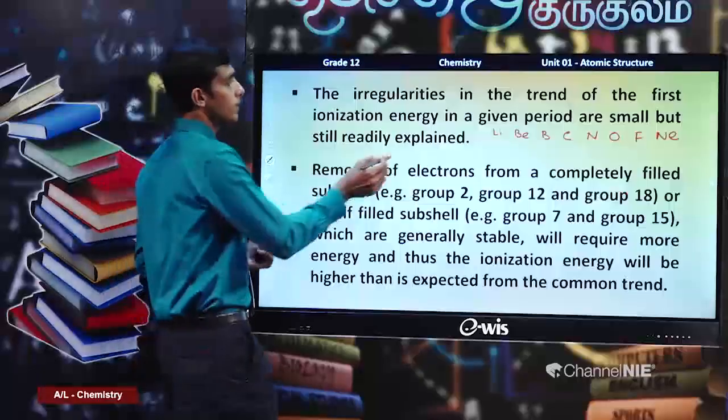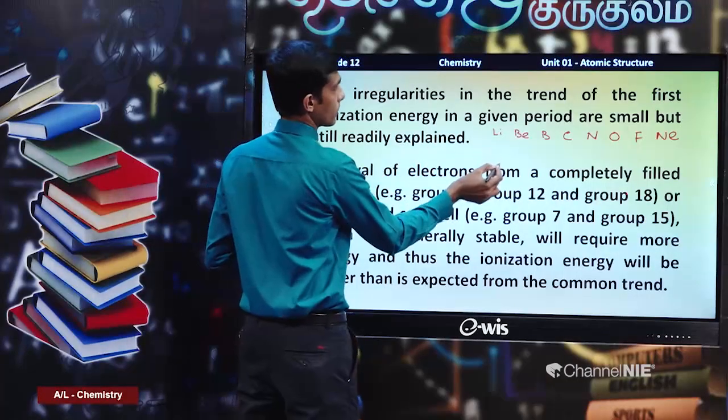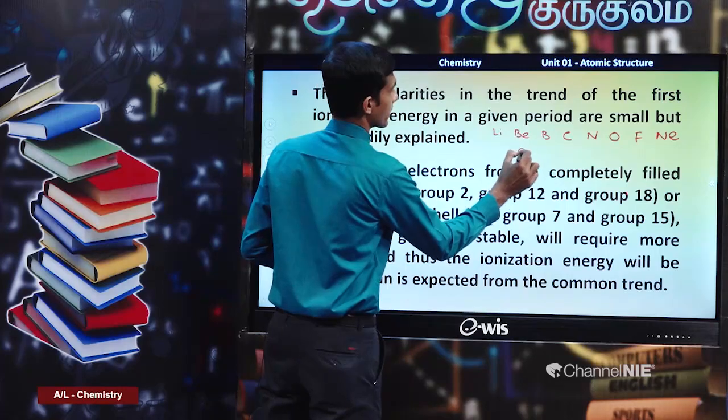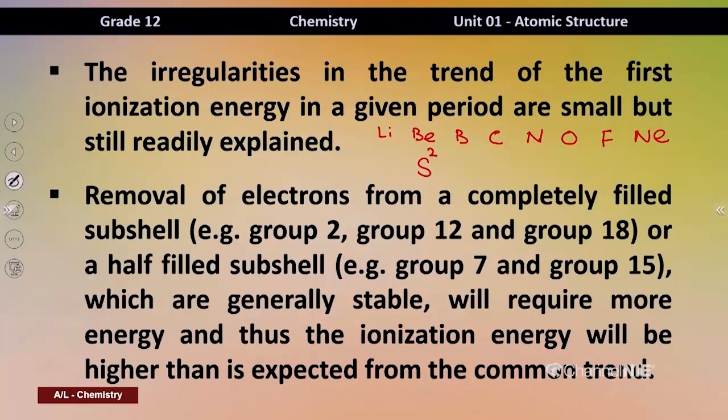Lithium has an S1 configuration, beryllium an S2 configuration, the valence configuration you can say is NS2 type. Nitrogen is S2P3 type, and neon is S2P6 type. You already know that these configurations are relatively more stable compared to the other configurations.